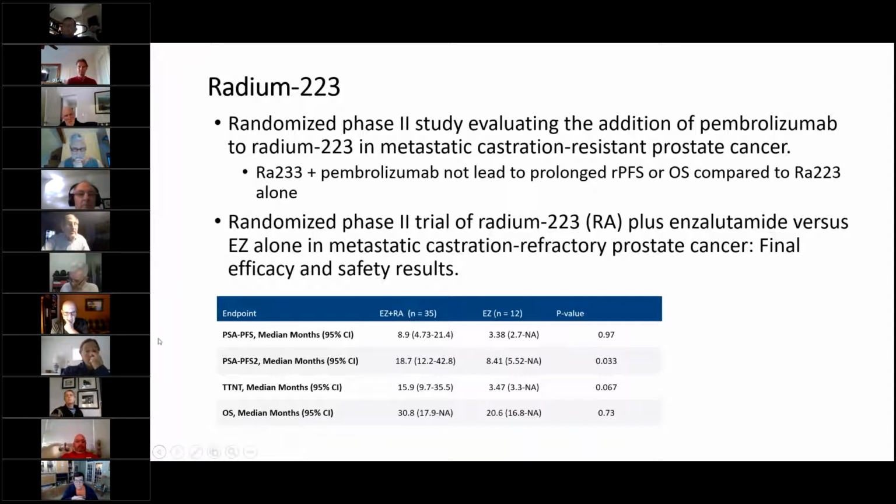And that you can see in this table down here. And while the p-value was 0.06, the median progression-free survival difference was 18.7 versus 8.4. That's a 0.033. That's pretty good. So this combination is something to think about in medicine.